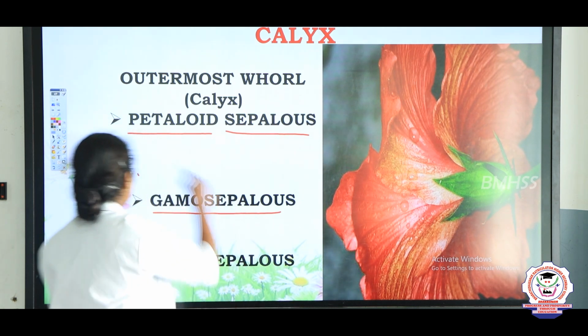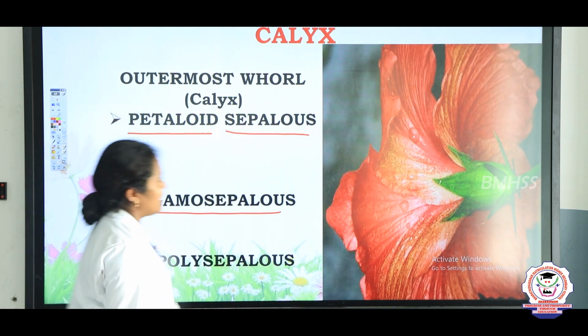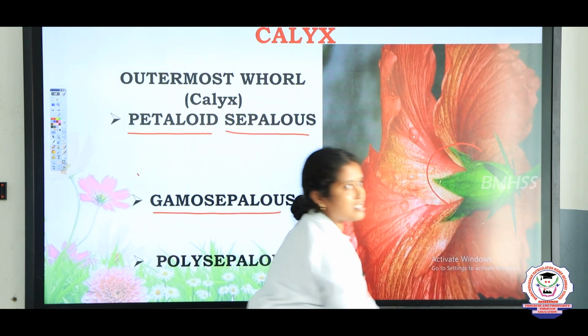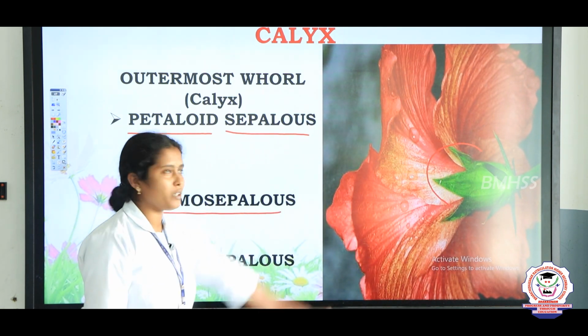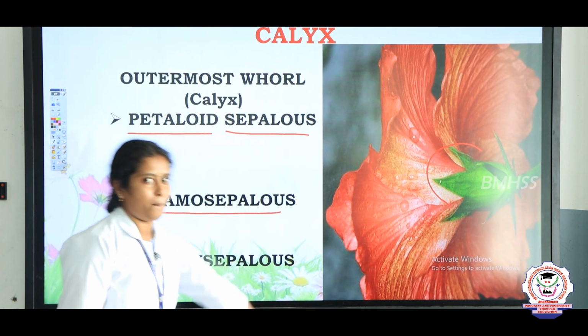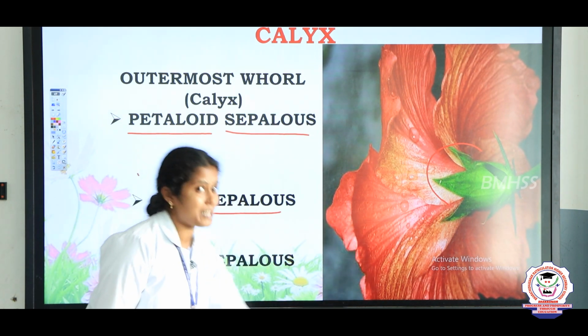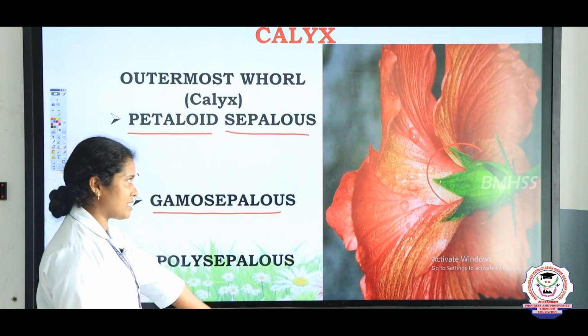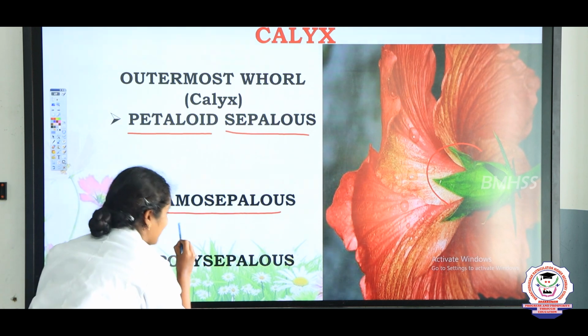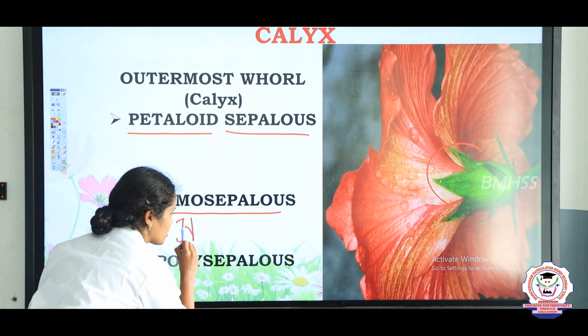See here, in the hibiscus the sepals are fused and joined together. So such a type of calyx is called gamosepals. What is the example of gamosepals? Hibiscus.